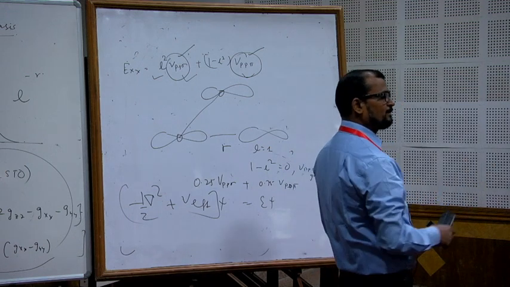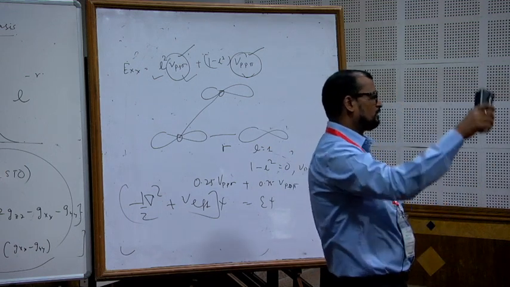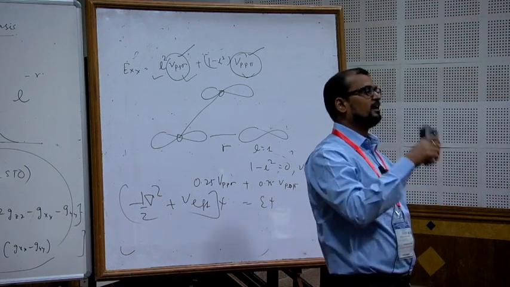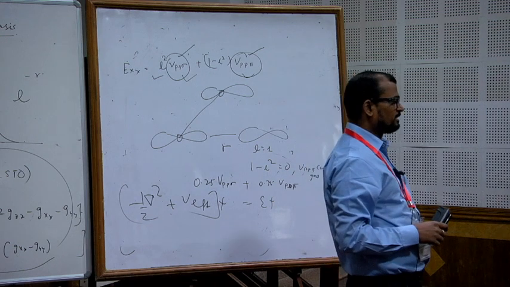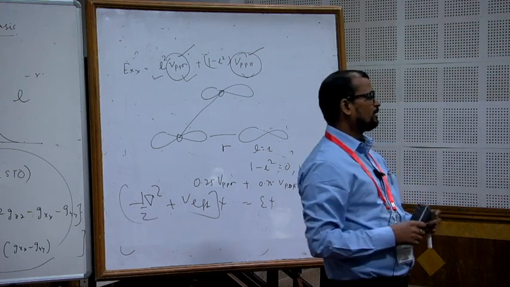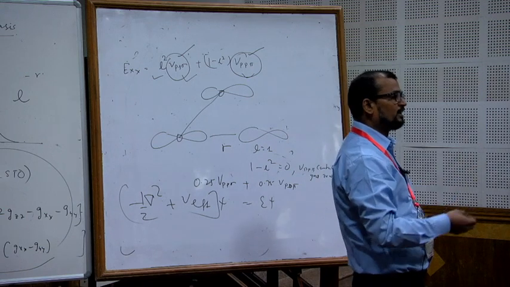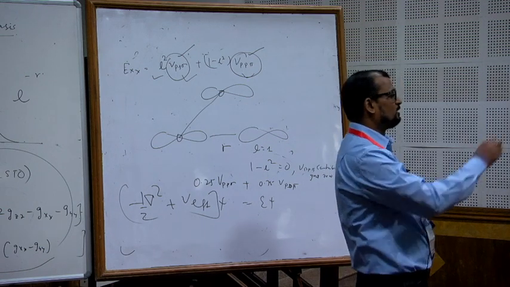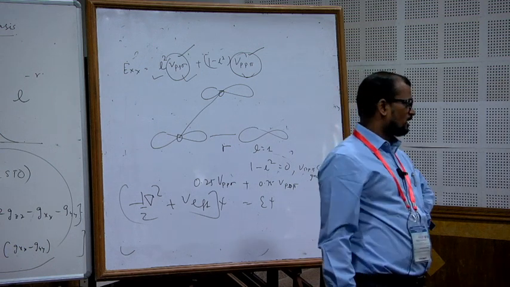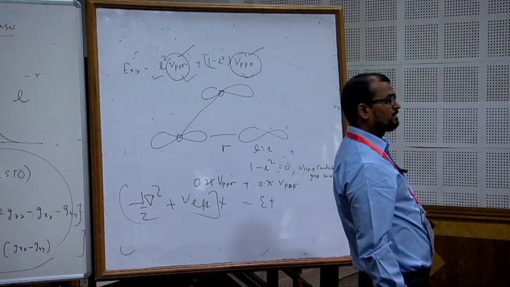Then in the second step we moved on. We stayed with the plane wave in the interstitial, but in the core region, instead of solving the Schrodinger equation, we take a combination of already existing core orbitals contributing to the wave function. That's what we call the orthogonalized plane wave method.